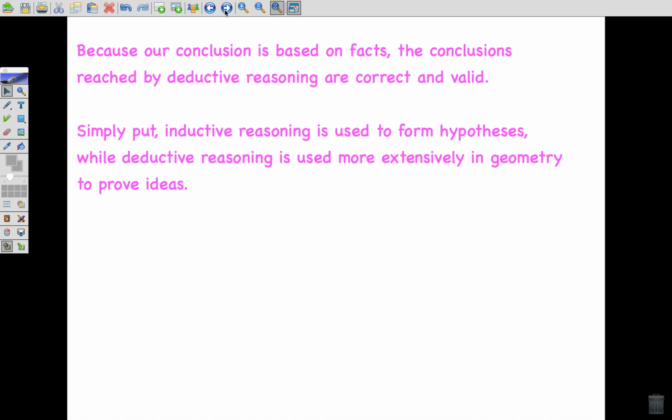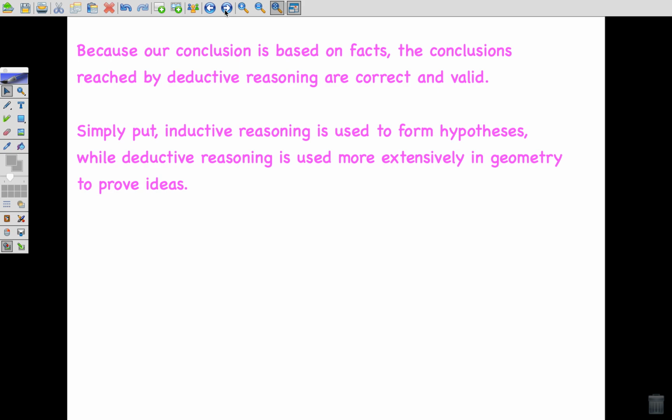Okay. All right, so our conclusion here is based on facts. What we see: people using their umbrellas. So we use deductive reasoning to reach a valid conclusion, and those conclusions are correct and they are valid, meaning true. So the difference between inductive and deductive reasoning is that inductive reasoning is used to form a hypothesis, such as an experiment.